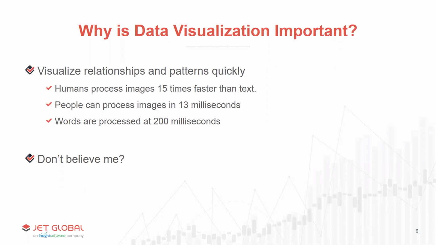So that was the fastest frame rate that the computer they were using to display images would show. So if you compare those two figures, humans are able to process images about 15 times faster than text. So we obviously are going to want to go towards data visualization because we know we can process that very quickly. But there are some concerns about that.